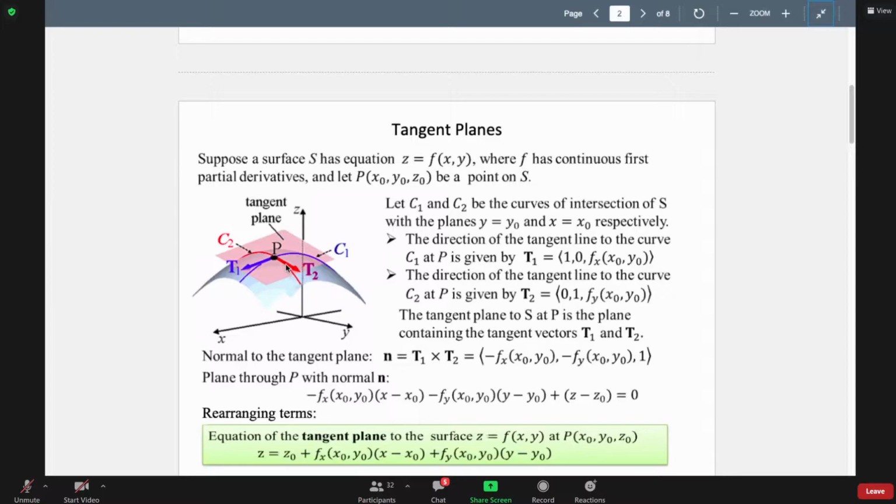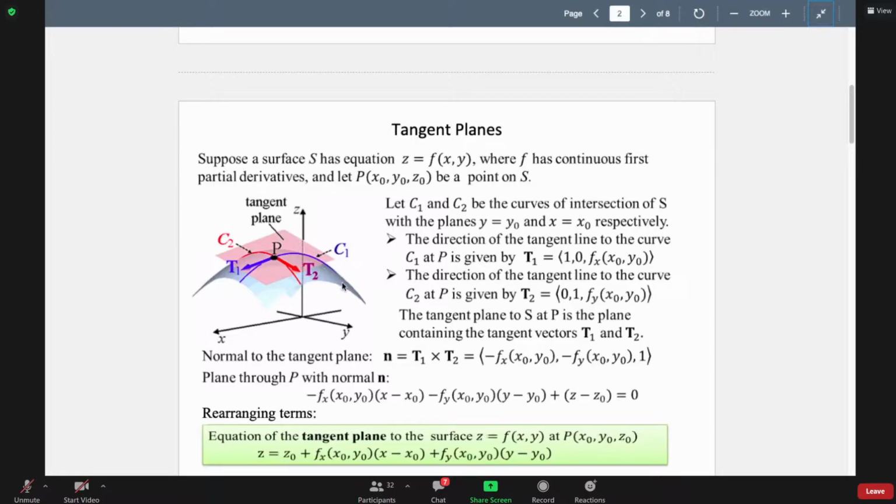And now we consider 2 curves. We intersect this surface with the plane y equals y0, where y is constant, that's a plane, and x equals x0, that's again a plane. So intersecting the surface with these planes, we get 2 curves.